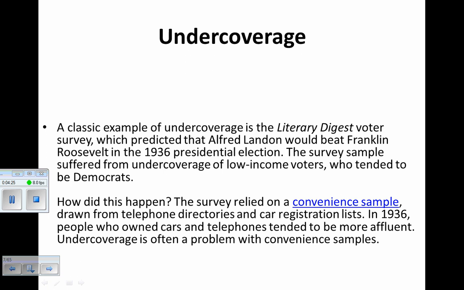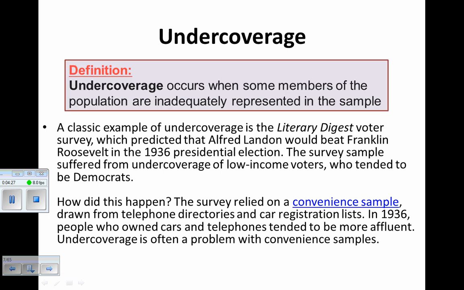Undercoverage. So undercoverage occurs when some members of the population are inadequately represented in the sample. So let's look at this. A classic example of undercoverage is the Literary Digest voter survey, which predicted that Alfred Landon would beat Franklin Roosevelt in the 1936 presidential election. The survey sample suffered from undercoverage of low-income voters.